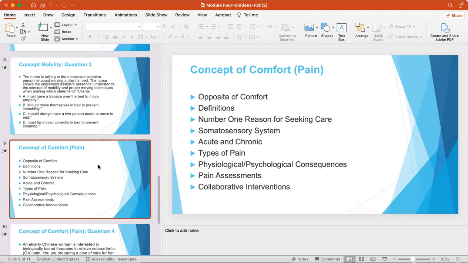So the International Association for the Study of Pain defines pain as an unpleasant sensory and emotional experience associated with actual or potential damage, or described in terms of such damage, that your patient might experience.